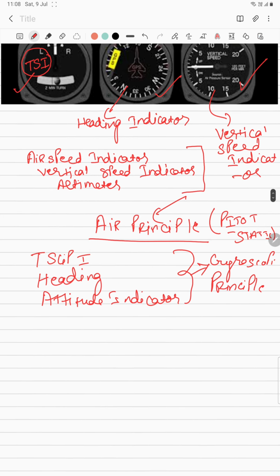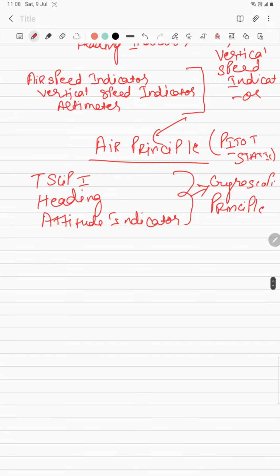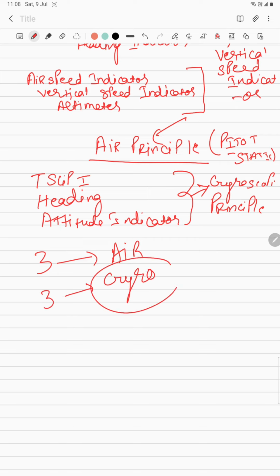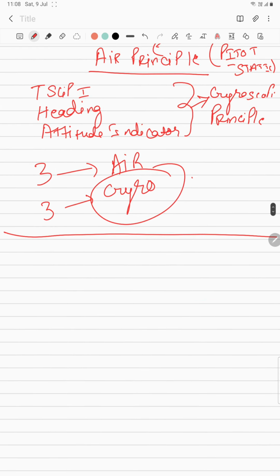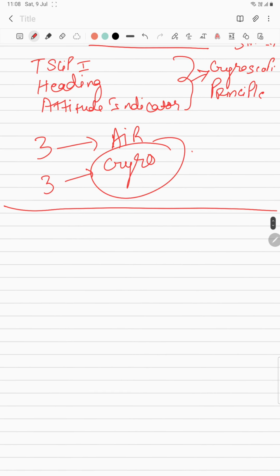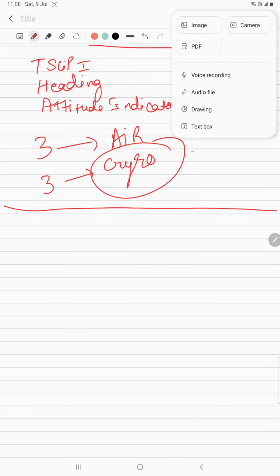What we have understood so far is that three instruments work on the air principle and three instruments work on the gyroscopic principle. So now guys, let us understand how the three instruments work on the air principle and what the air principle is. First of all, let me put up a picture for you guys to explain it.